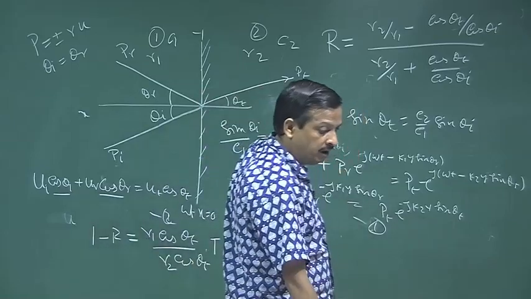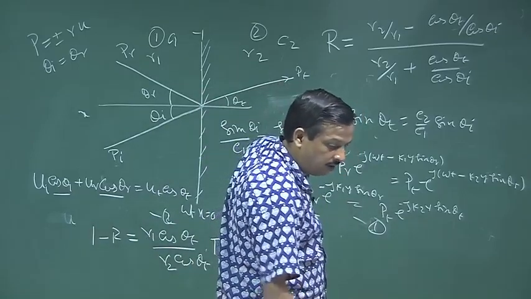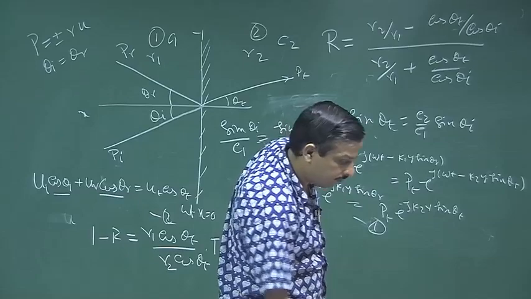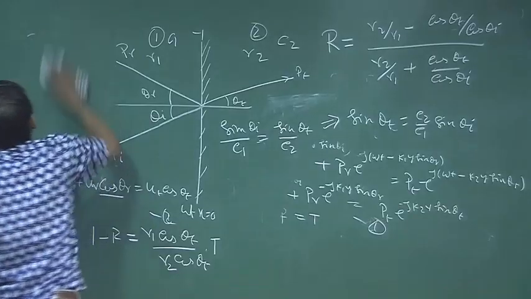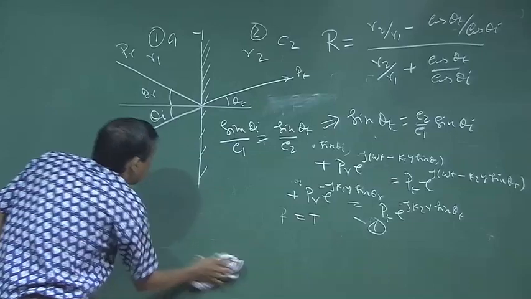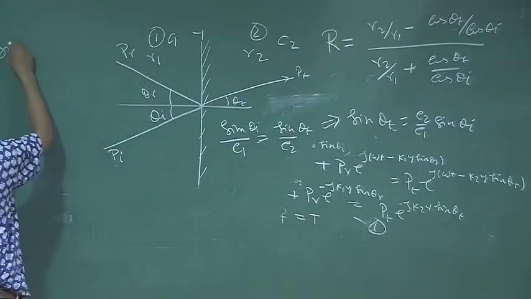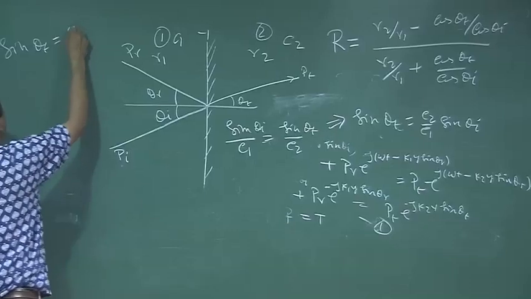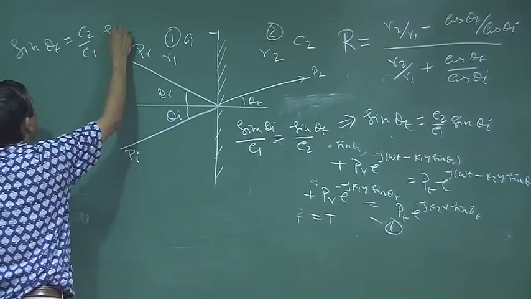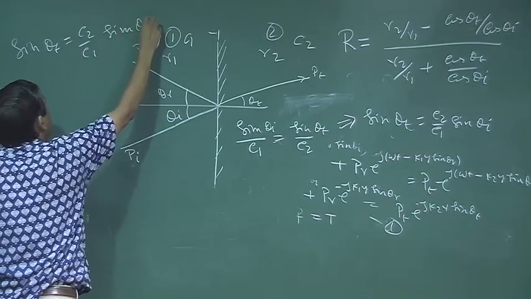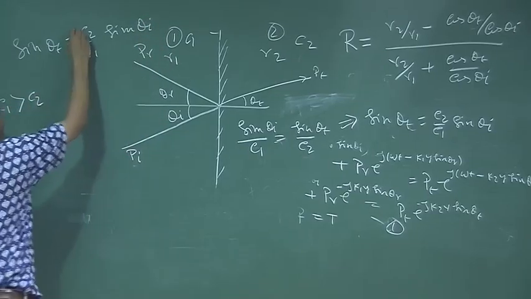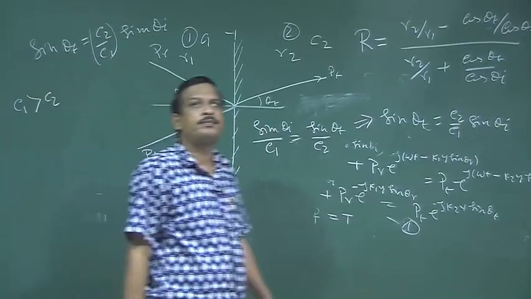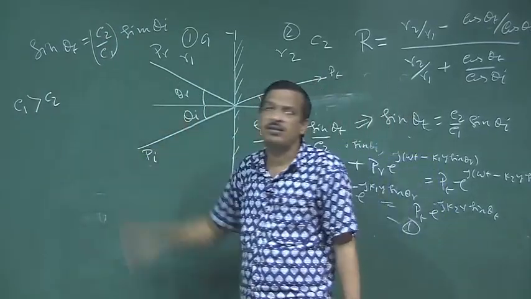Now, let us go to some situations. I said sin theta t, the angle of transmission, is C2 by C1 into sin theta I. Now, if C1 is greater than C2, then this ratio C2 by C1 will be less than 1.